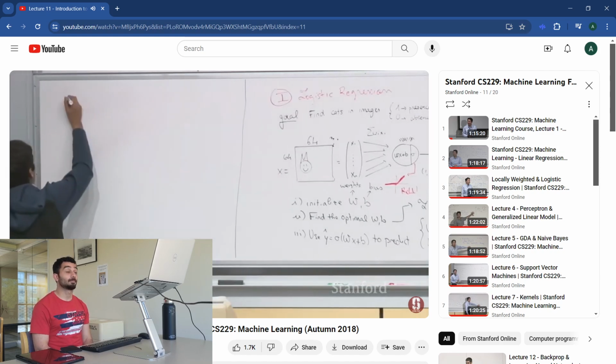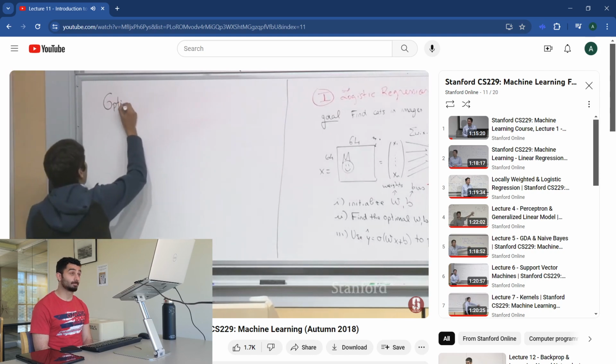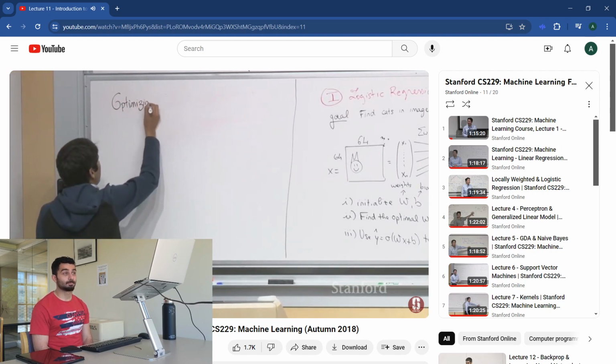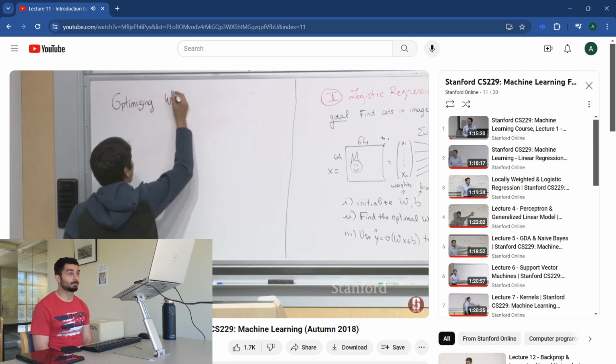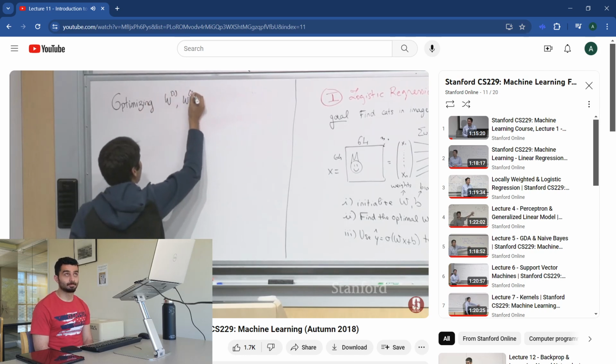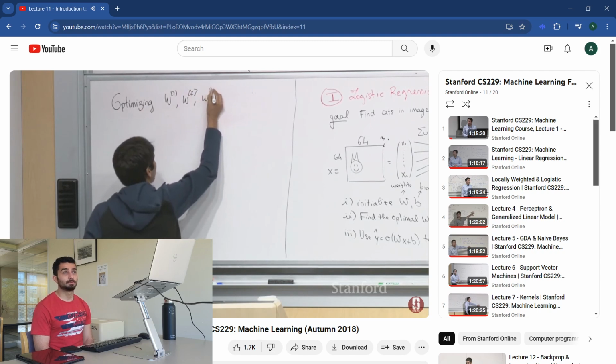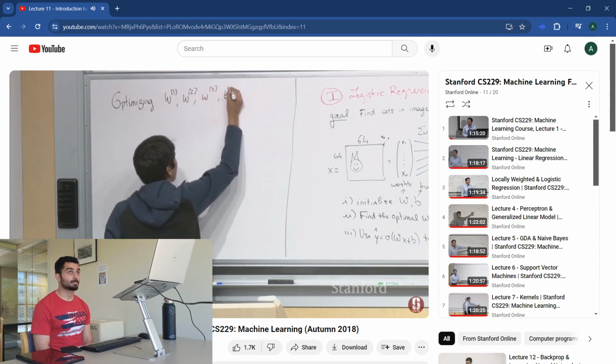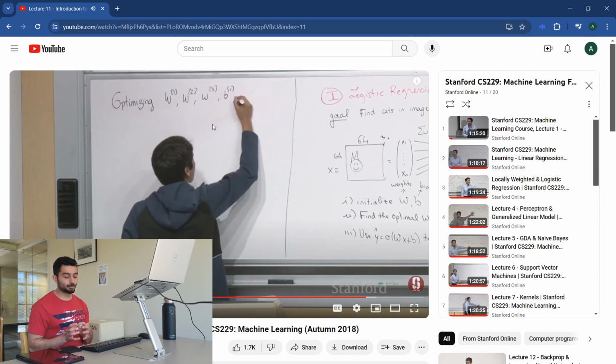So let's talk about the optimization problem: optimizing W1, W2, W3, B1, B2, B3. The art is in choosing the number of layers and the nuances of the architecture.